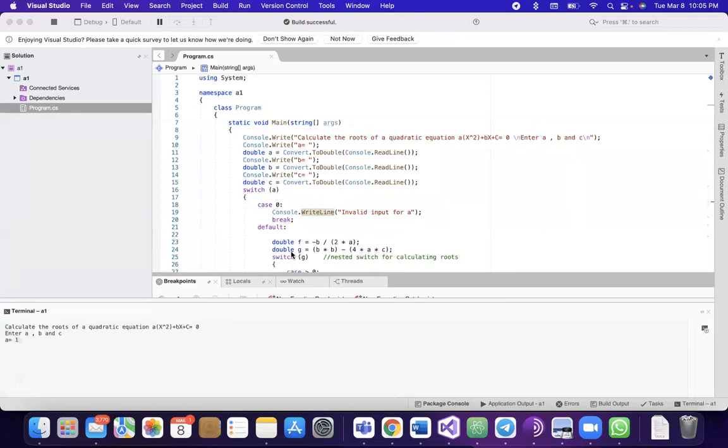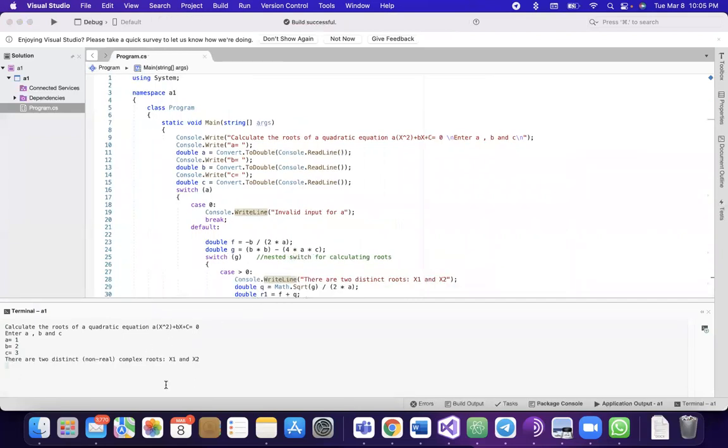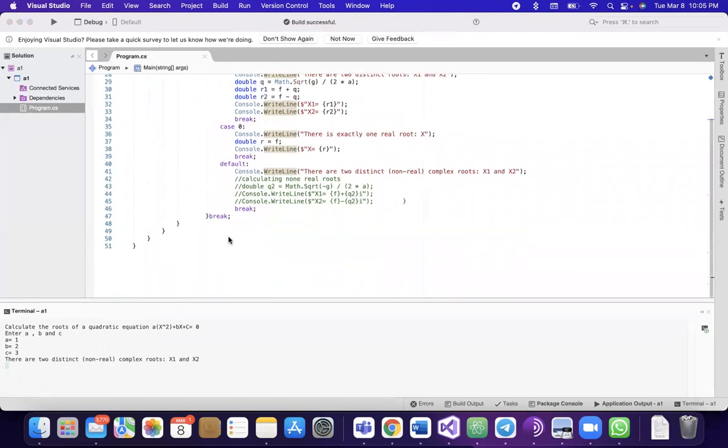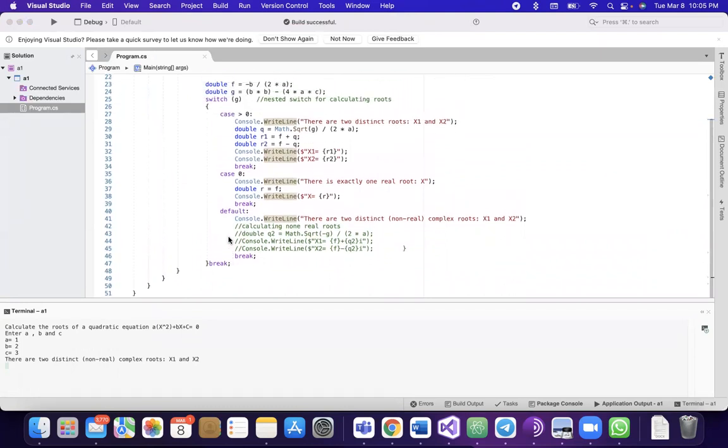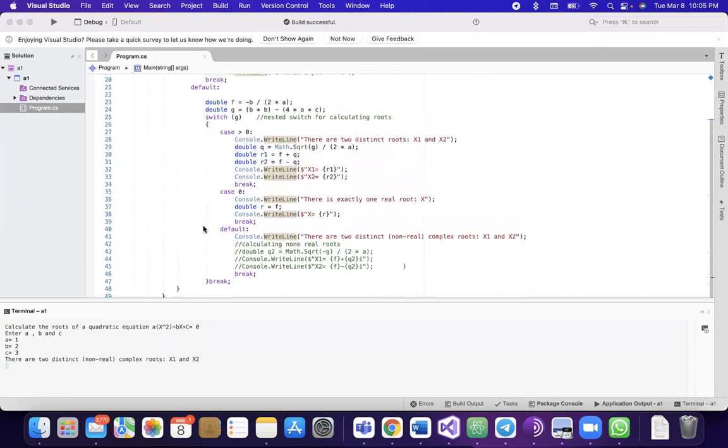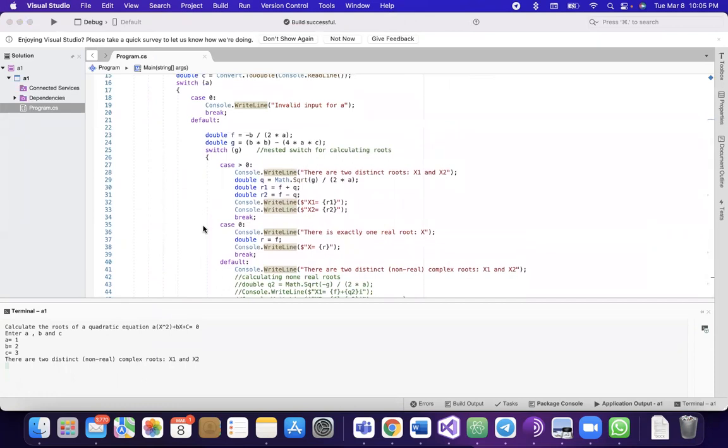Okay, so A will be 1. There are 2 distinct non-real complex roots. Yeah, but he didn't give the actual values of the answers. He just said there are 2 real roots. Well, that's one way to do it.